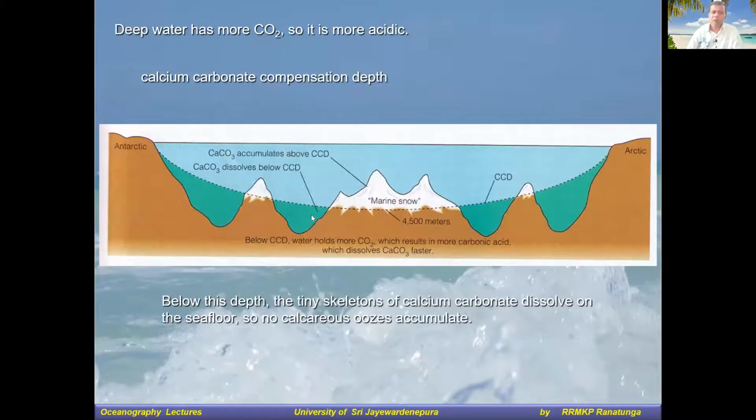So after this depth, most of the carbonate will be dissolved, and above this depth the carbonate will not be dissolved very much, and that layer we call the calcium carbonate or carbonate compensation depth.